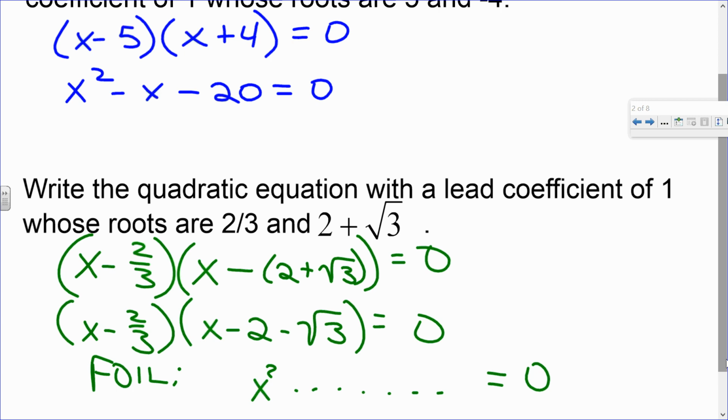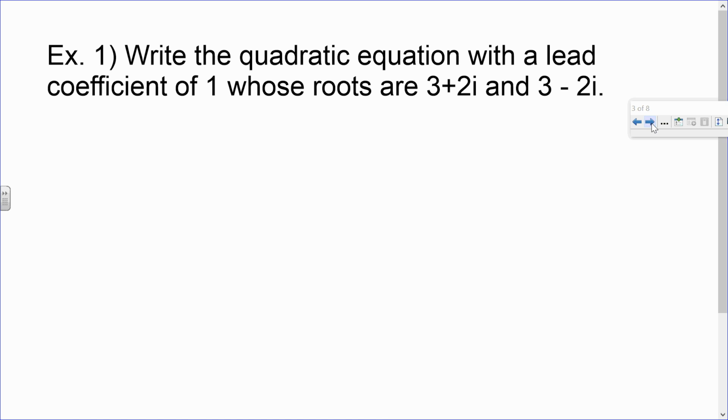Any questions so far? Okay, let's do exactly the same thing now, except this time the roots are going to be complex. I still want a lead coefficient of 1, so I'm still going to take x minus the first one, x minus the second one, equals 0, and then I'm going to need to FOIL out what I get.